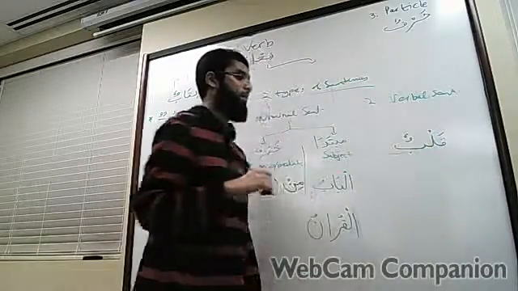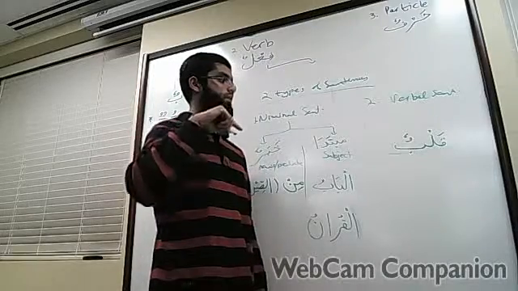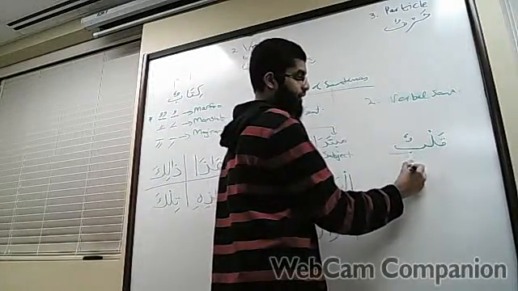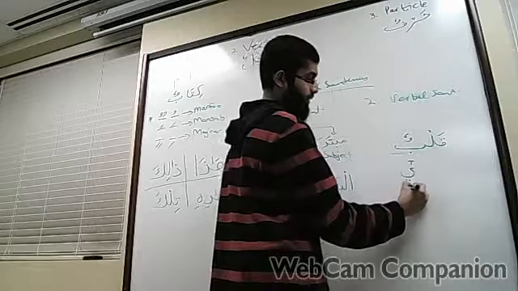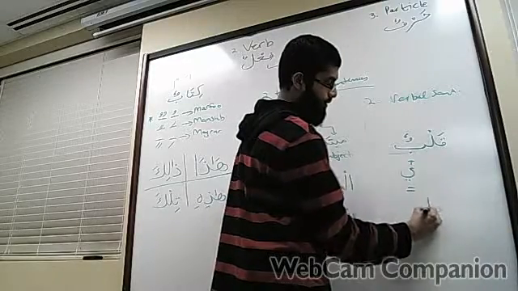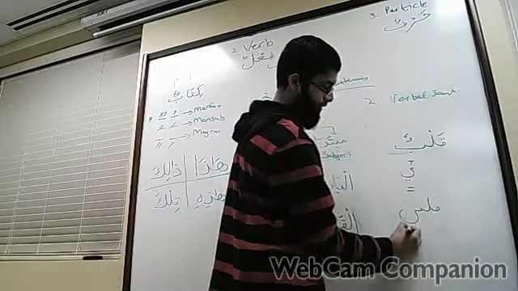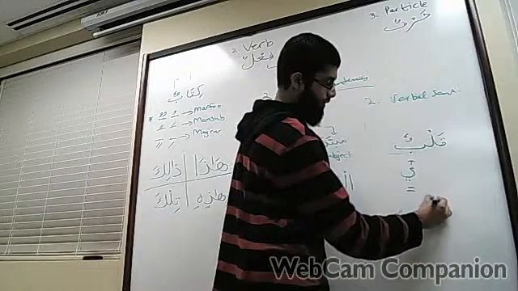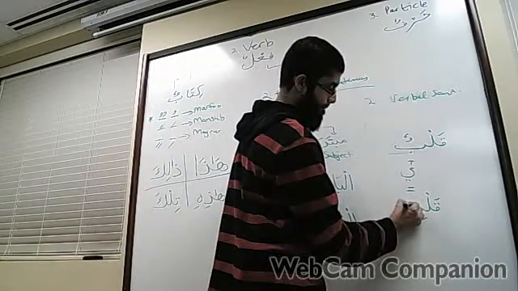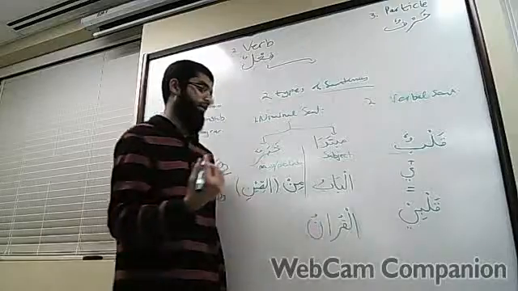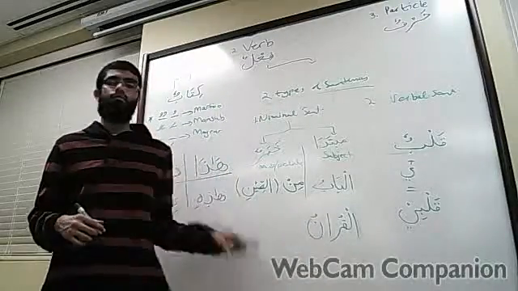We're going to do attached pronouns. We're going to review those on Monday a little bit more fully. But if I want to say my heart, I'm going to say qalbi. I'm just going to put ya mutakallim. Qalbi means my heart. So how do I say the Quran is in my heart?